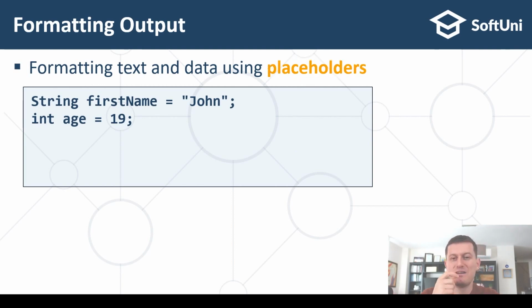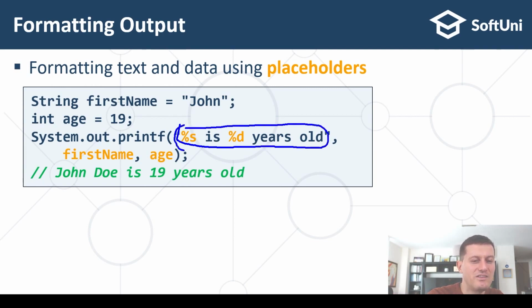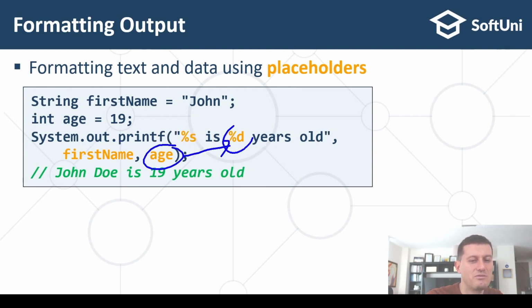Placeholders are places in the text which are replaced by certain data. For example, we have String firstName equals John and int age equals 19. So we can print this by a template, by placeholders. We want to print something is something years old, and the first something to be replaced with the first name, and the second something to be replaced with the age.